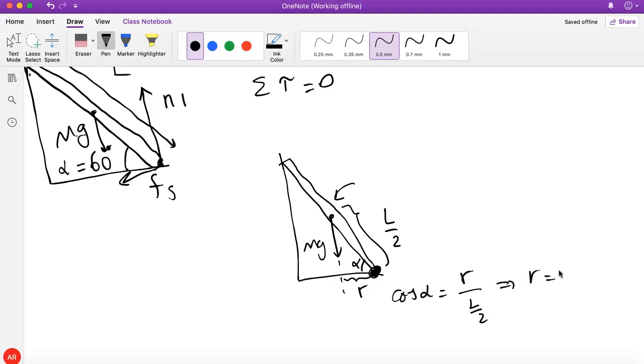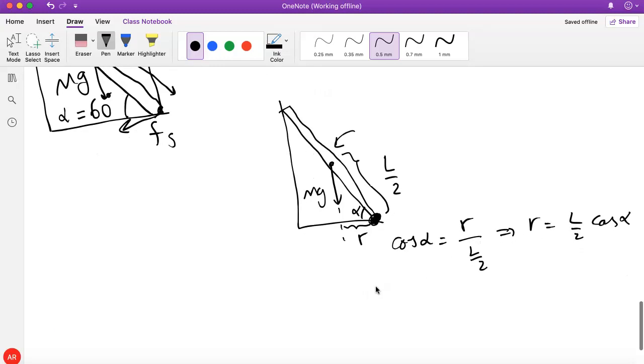Therefore, R becomes L over 2 cosine alpha. And this torque that I get, let's call it tau m due to the mass, is mg times L over 2 cosine alpha.